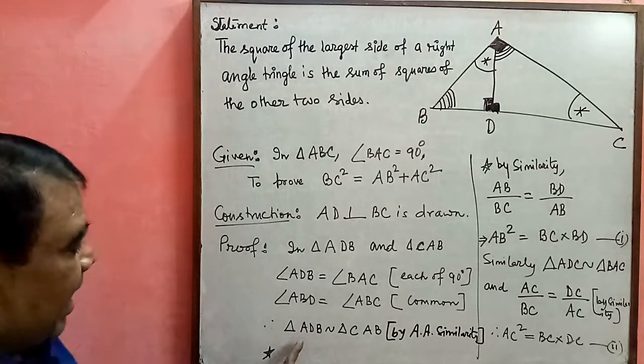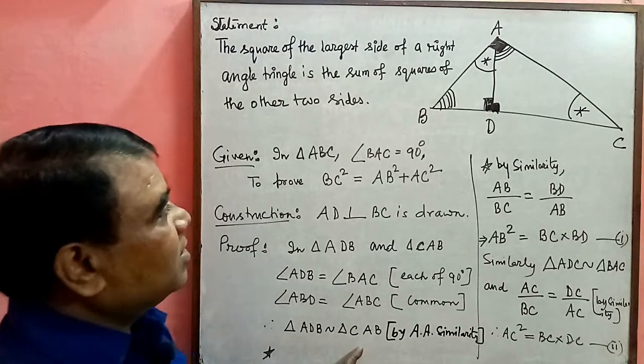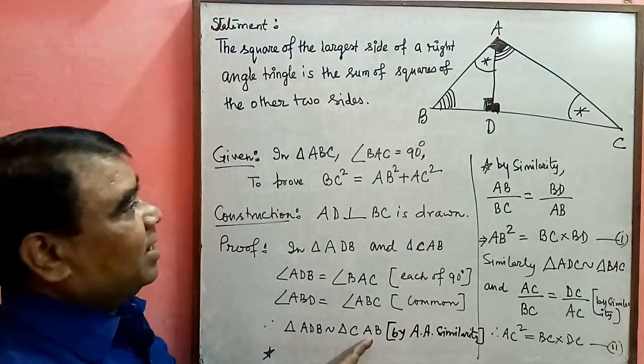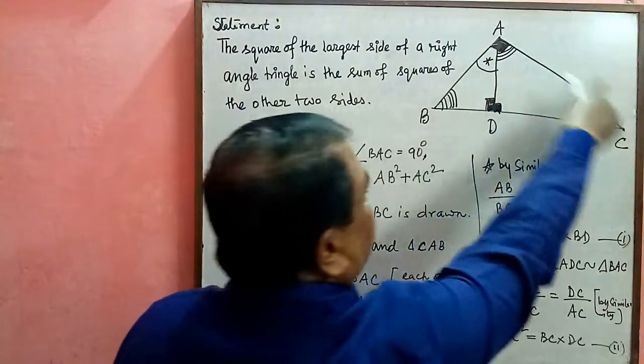You see, angle A matches with angle A, that means angle DAB matches with angle C, that is angle ACB.